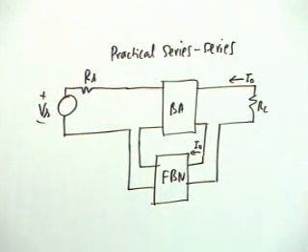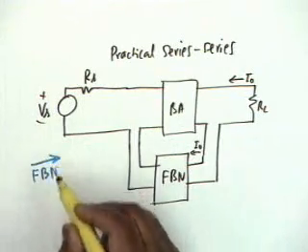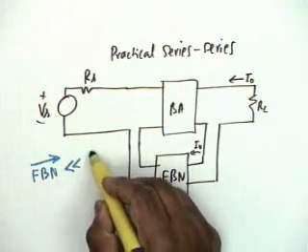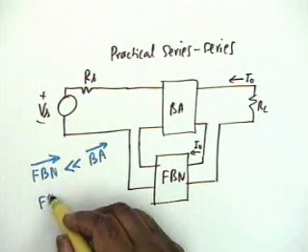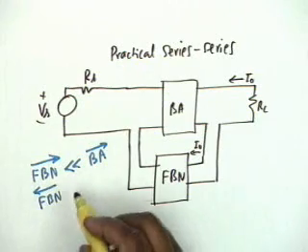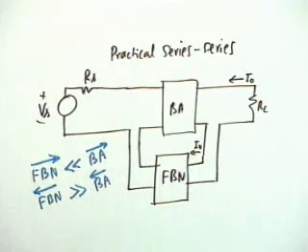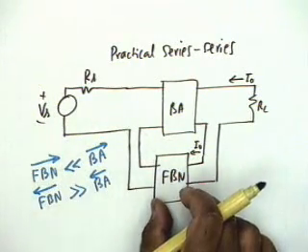So in order to analyze this, let us follow these steps. Of course, one assumption that we have made, I think I should re-emphasize this, is that the feedback network forward transmission is much less compared to the basic amplifier forward transmission, and the feedback network reverse transmission is much greater than the basic amplifier reverse transmission. Alright. On the basis of this, we model the feedback network now.